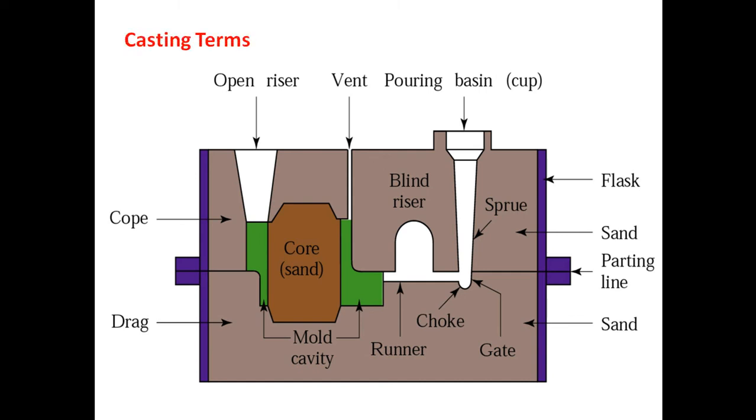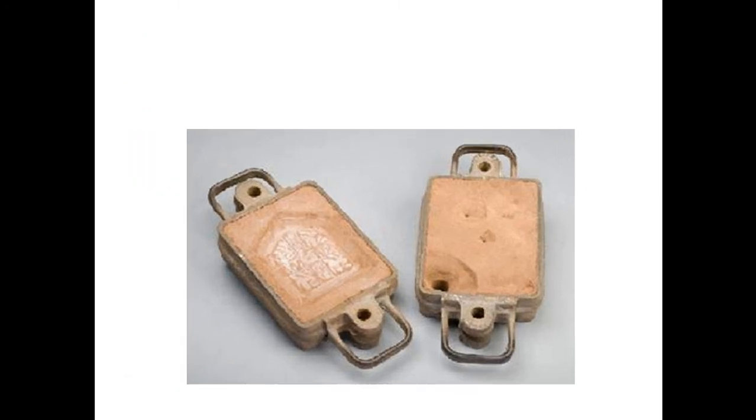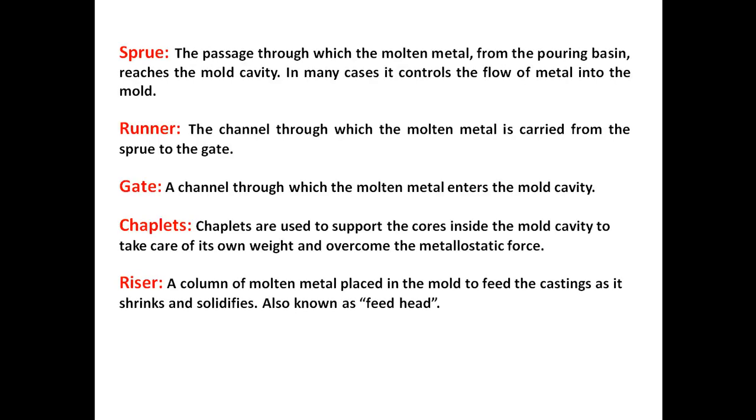We can also understand different terms used in the sand casting process. Flask, that is with cope and drag box. Pattern, so all these terms are discussed. And finally steps in sand casting.